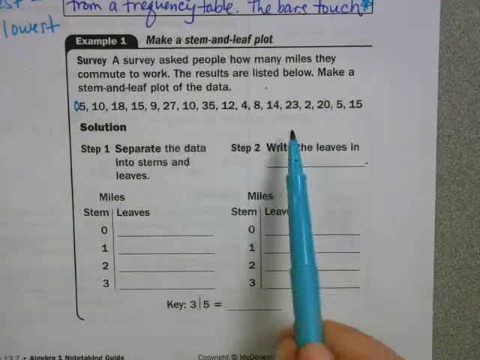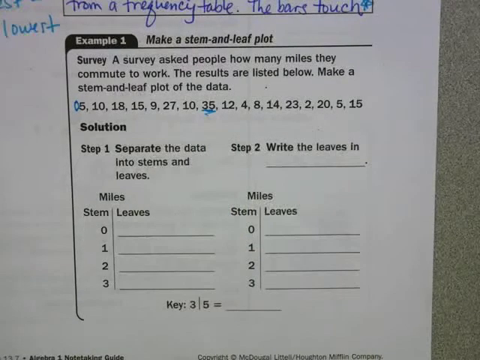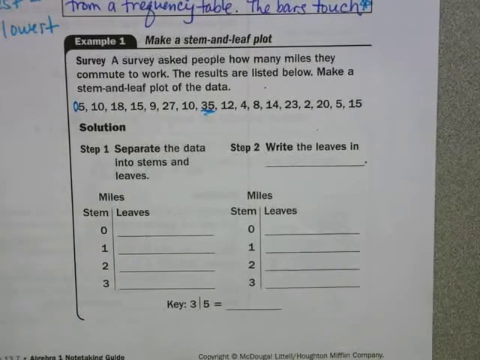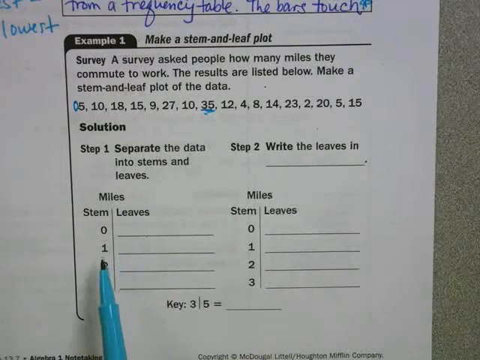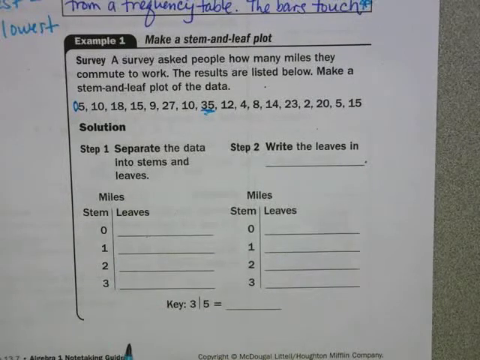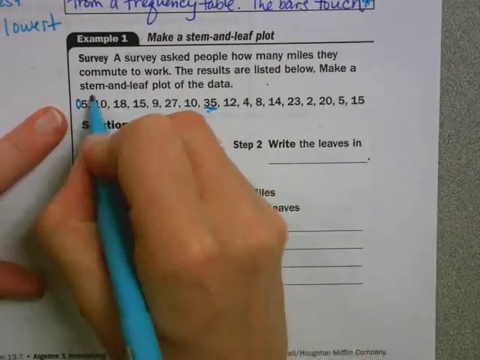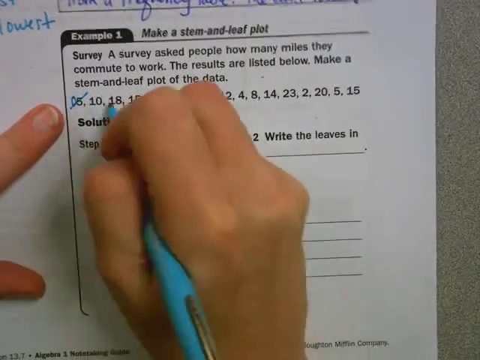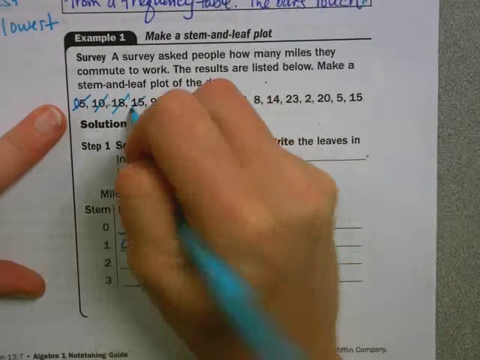My tallest stem, my biggest number here, is 35, I believe. So that's going to be my biggest stem. If there was nothing in the tens, for example, I would still put a 1 there. There just would be nothing there. All right, so what you're going to do is just go through, and I cross off as I'm putting the ones digit in. There are no commas in a stem and leaf plot.